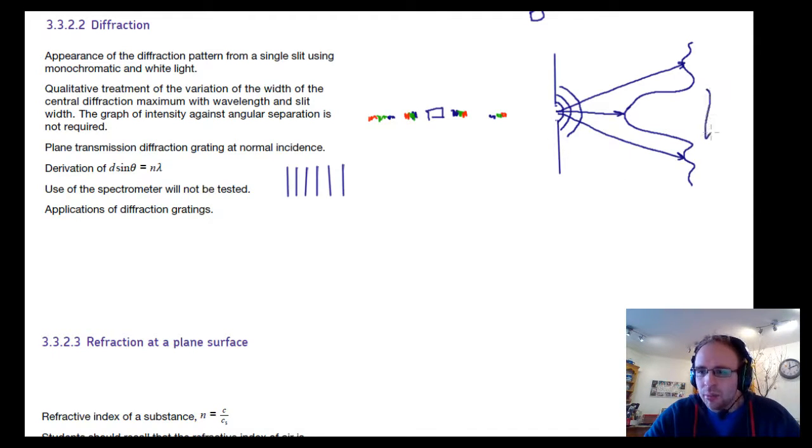I mentioned briefly that if the width of that maxima is W, then the width of the central maxima is twice that.